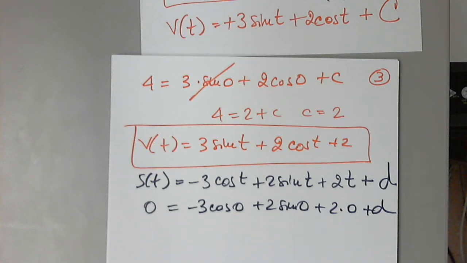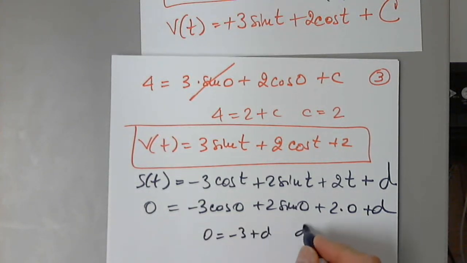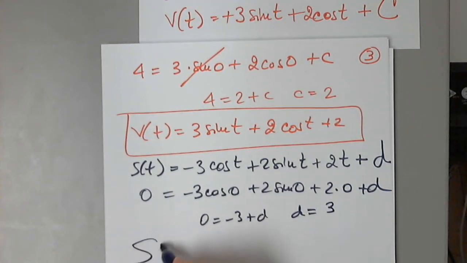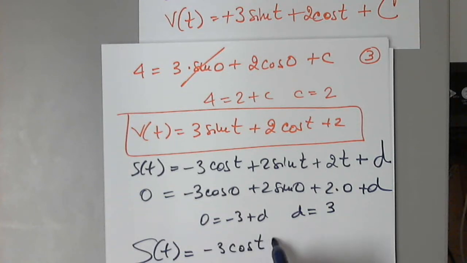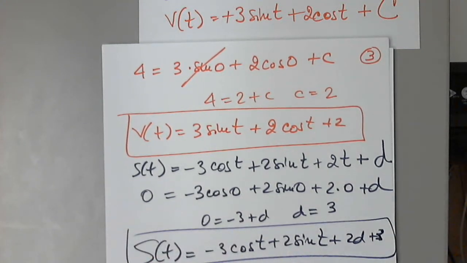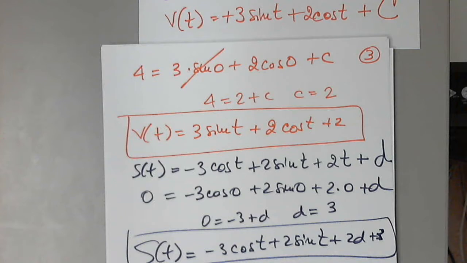So 0 equals negative 3 plus d. Therefore, d equals 3. Very good. Excellent. So s of t was fully determined as negative 3 cosine t plus 2 sine t plus 2t plus 3. There is no other function that fulfills the given information.